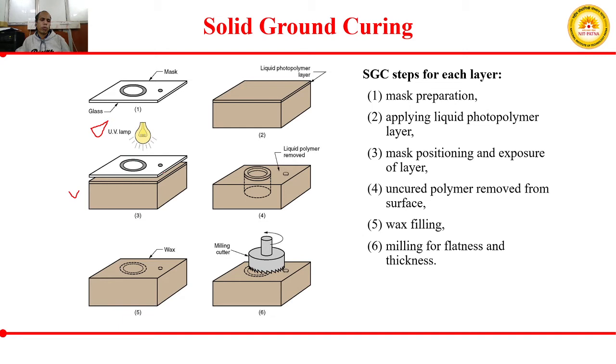If your whole liquid comes in direct contact with the light, the whole liquid may get solidified. So in order to prevent the solidification of the whole liquid, we prepare a mask layer by layer. For each layer we have a mask, say this is the mask corresponding to layer i.